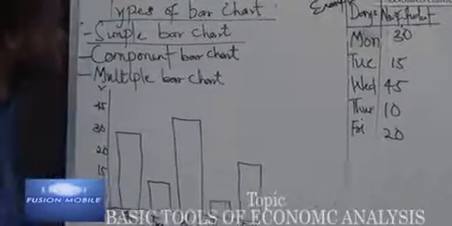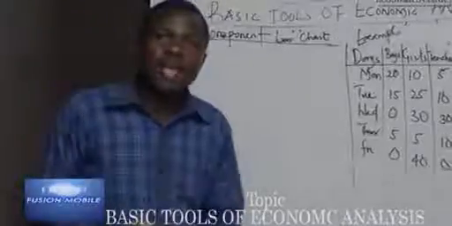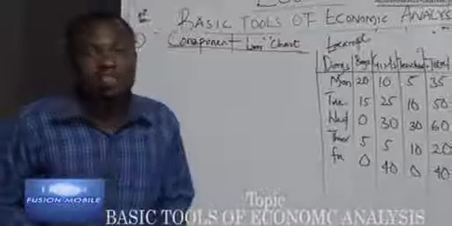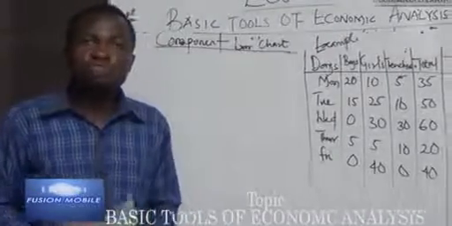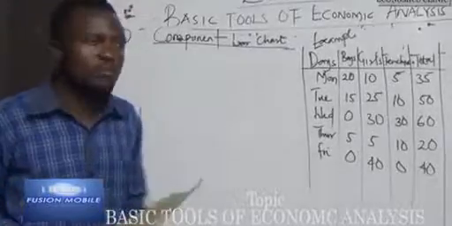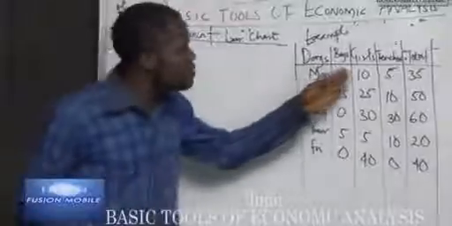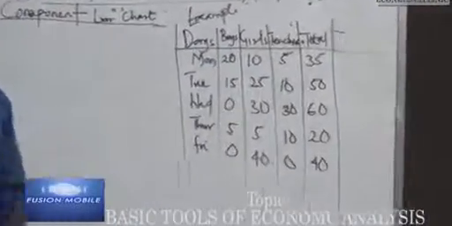Next we go to component bar chart. A component bar chart is used when we have two or more data involved. In fact, the data are drawn in a single bar, drawn in total proportion to the attributed frequency. Another thing about component bar charts is that these data are represented in a symbolical way.